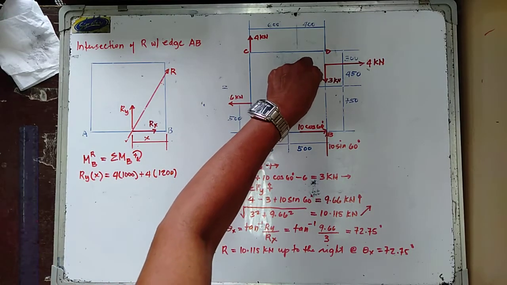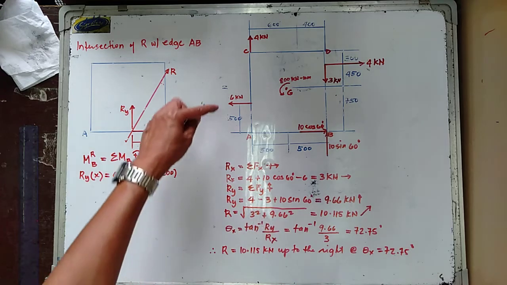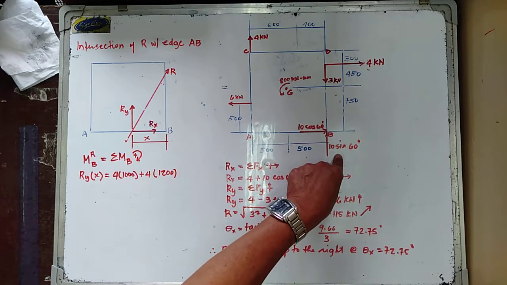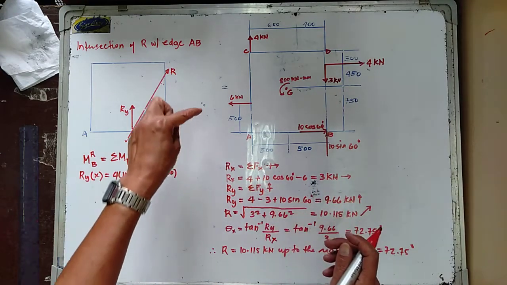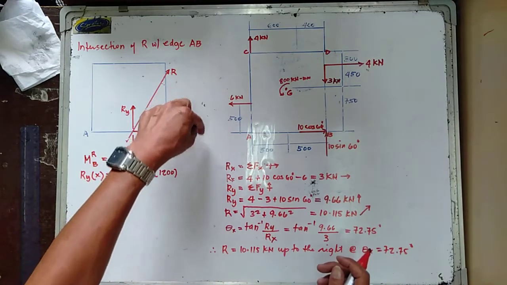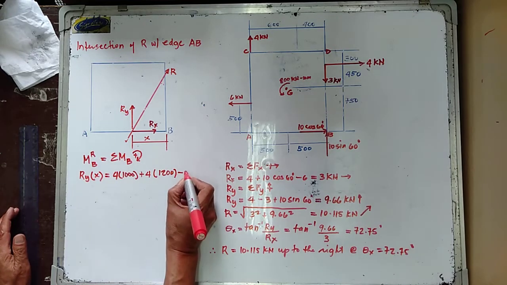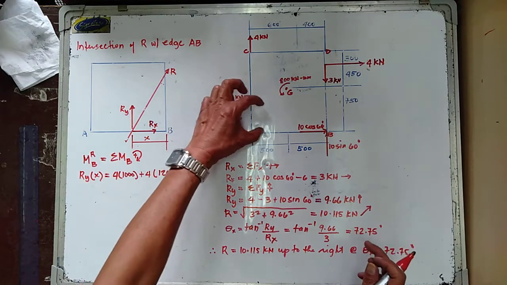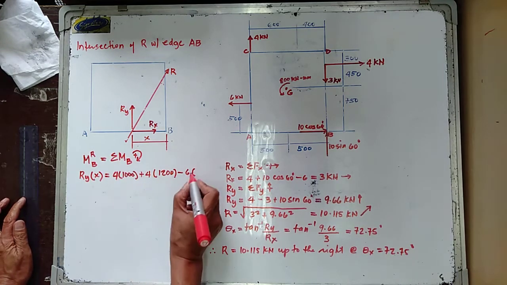Your 3 kilonewton force in here has no moment about point B because it passes through your moment center. This 10 cosine 60 and 10 sine 60 pass through the moment center and therefore have no moment. And we have your 6 counterclockwise about point B, so that is minus 6. Now, this is the moment arm, so we have 500 millimeters.